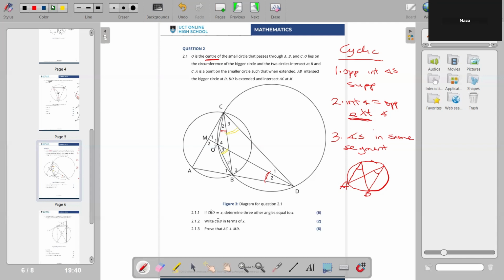Let me try to use it: you said this O4 is equal to B3, okay.